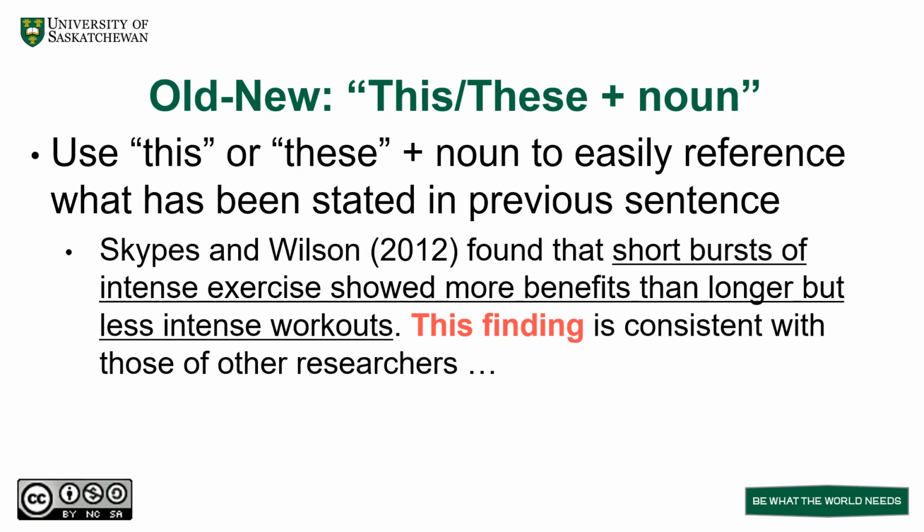All right. Now, one of the really nice things about the old-new information strategy is that there's flexibility. If you don't want to keep repeating the same words all the time because it might get kind of boring, you can make use of a structure that uses this or these plus a noun, or you can make use of synonyms too.